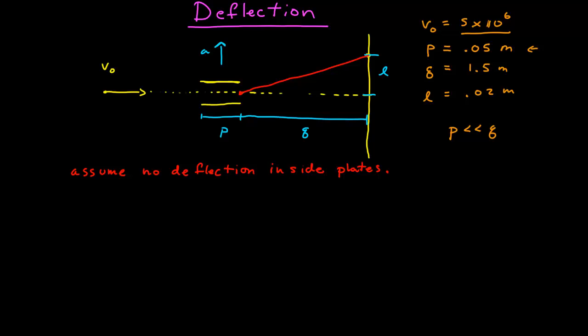So let's get a coordinate system here. I'm going to call x along the beam direction, and y the direction of the deflection. The other thing I'm assuming, of course, is that gravity has no effect, which is probably a very accurate approximation, but we could look at that at the end.